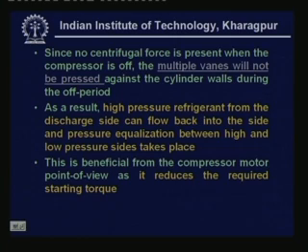This is beneficial from the compressor motor point of view as it reduces the required starting torque. As you know very well, when pressure equalization takes place, the motor has to start against the same pressure. That means there is no back pressure acting on the motor, so the required starting torque will be very less. So, you can use a smaller motor. This is one of the advantages of having pressure equalization.